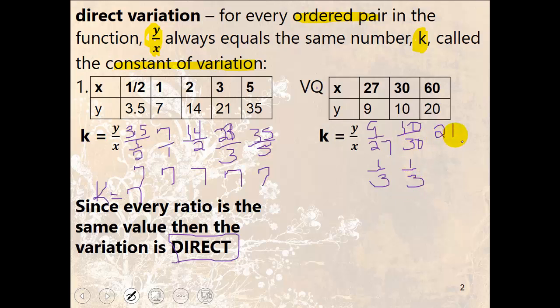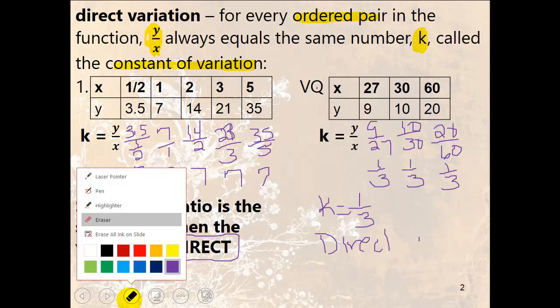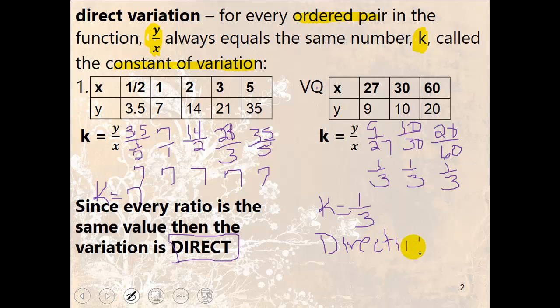And that's 20/60. So that's a third. So k is equal to 1/3, and it's direct variation because it's the ratio of y to x. For different types of variation, the k is calculated differently.